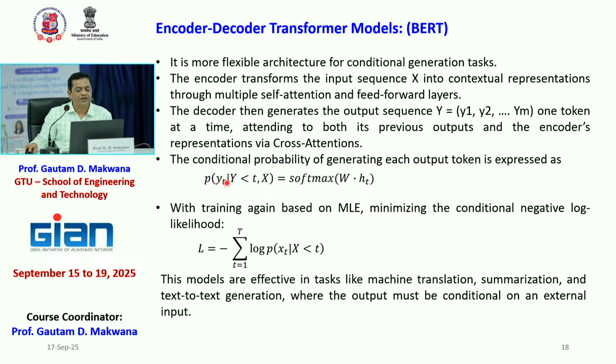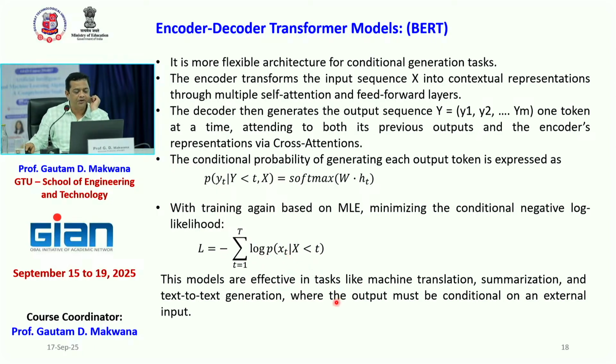The conditional probability of generating each output token is expressed by the probability of y_t given y_{<t} and x, by the softmax function of W times h, with the training again based on MLE, minimizing the conditional negative log-likelihood, given by minus the sum from t equals 1 to T of log p of y_t given y_{<t} and x.